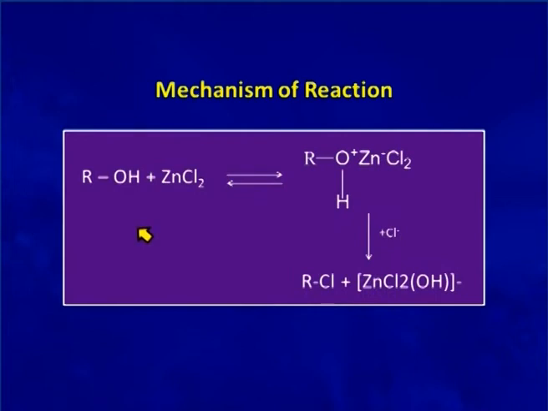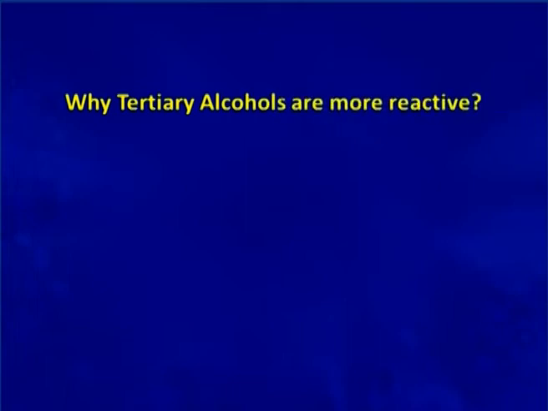Here the lone pair of electrons on oxygen are donated to electron deficient zinc. As a result, this complex is formed, followed by the addition of chloride into it to form alkyl halide or alkyl chloride. Now, the question arises, why are tertiary alcohols more reactive?